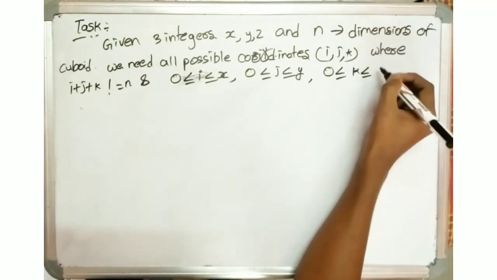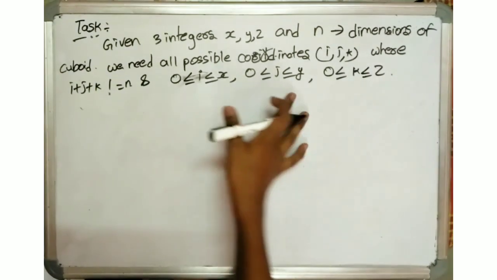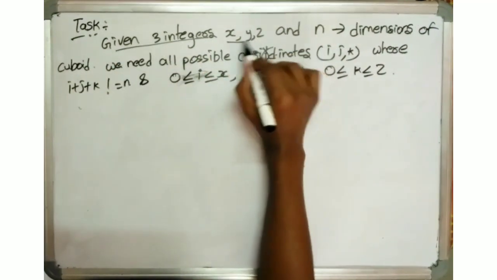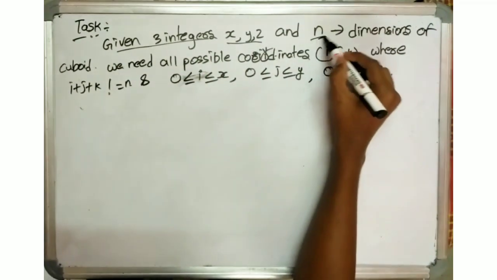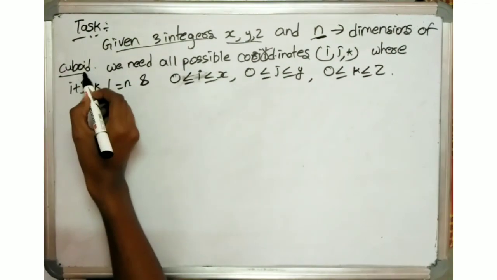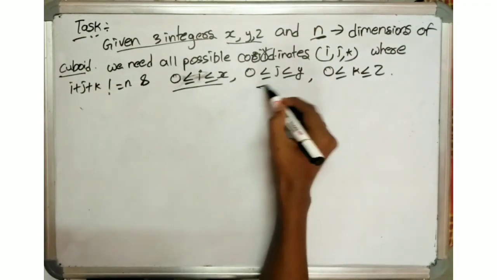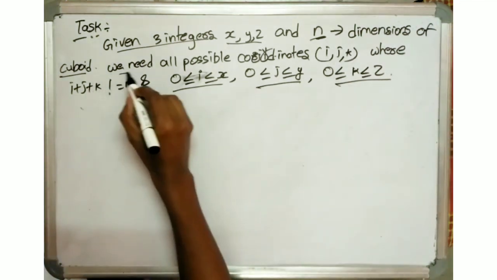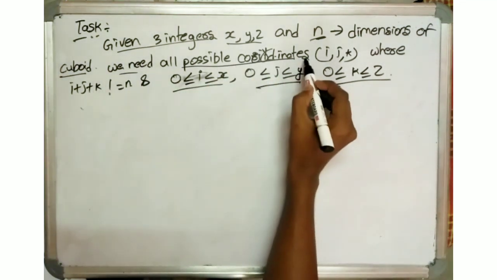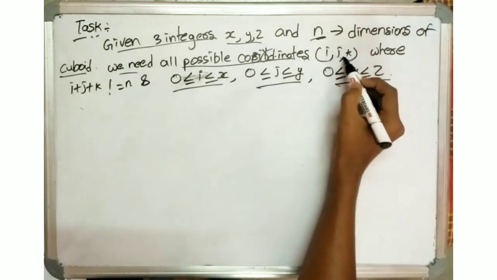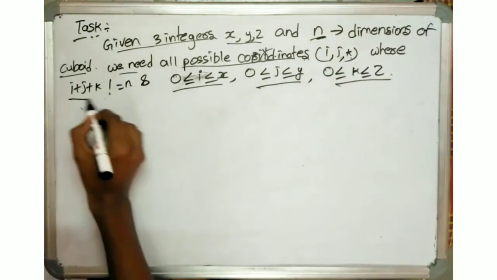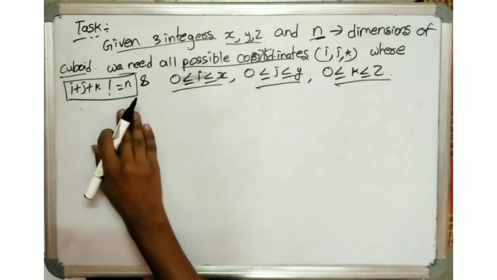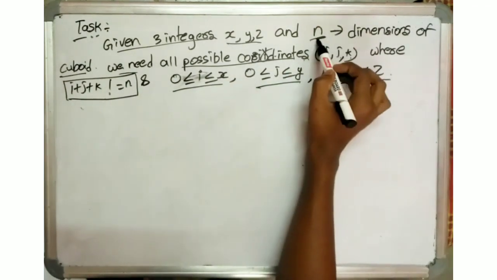Okay, this is the question given to us. We are given three integers and an integer n which specifies the dimensions of the cuboid. These are the constraints of i, j, k, and we need to find all possible coordinates of a cuboid where i, j, k satisfy the condition that i plus j plus k is not equal to n, where n is the dimension of the cuboid.